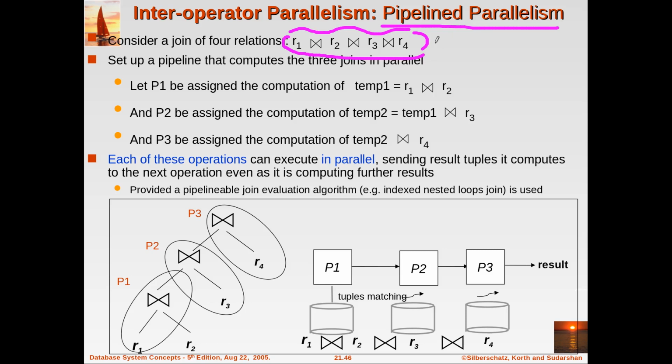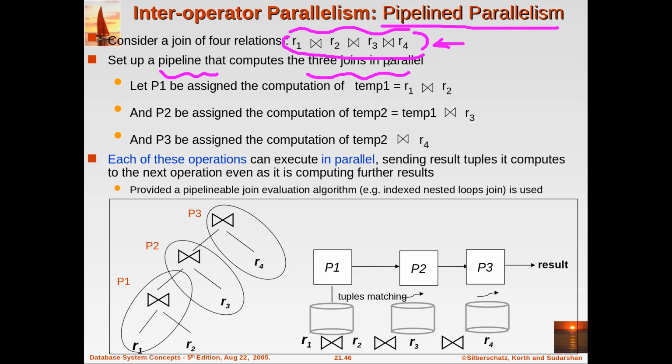If this is the operation to be performed, we can set up a pipeline that computes the three joins in parallel. You will remember pipelining, as we discussed it in detail in the system design architecture subject. One stage of the first operation, then the second stage, third stage, are interleaved by using different components, different processor parts.